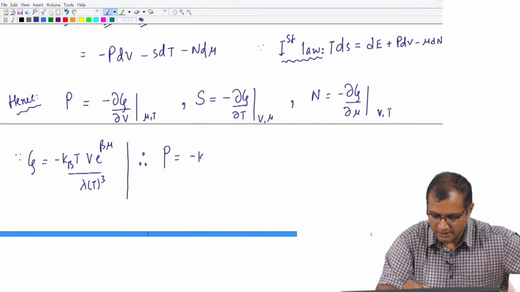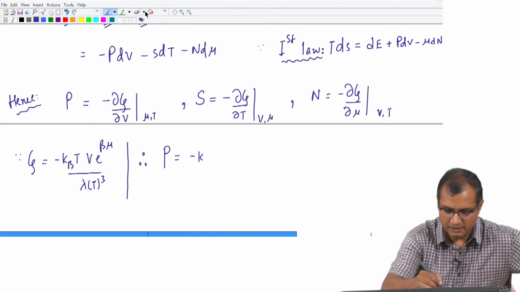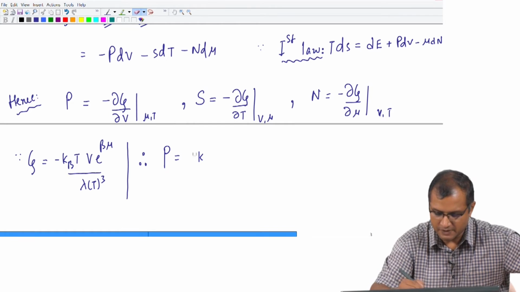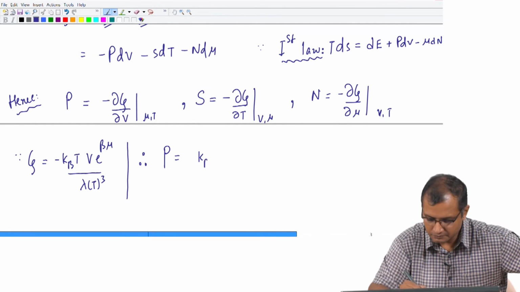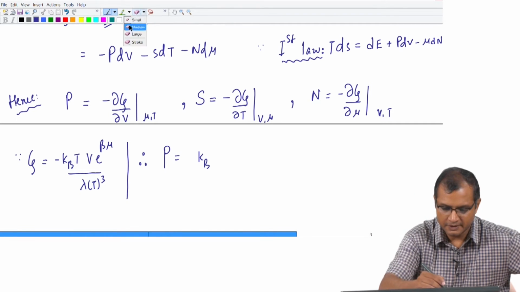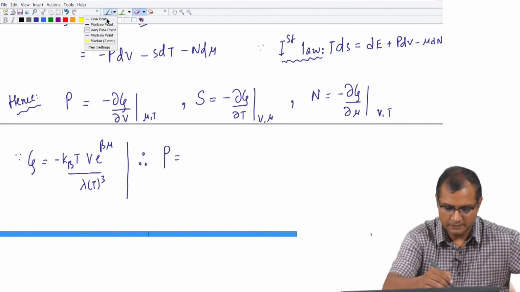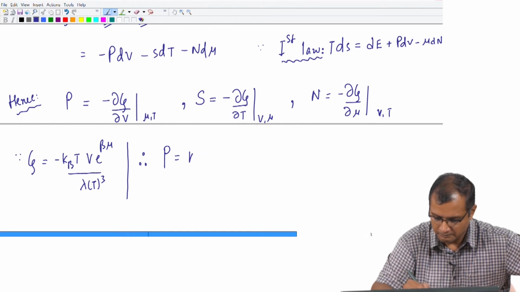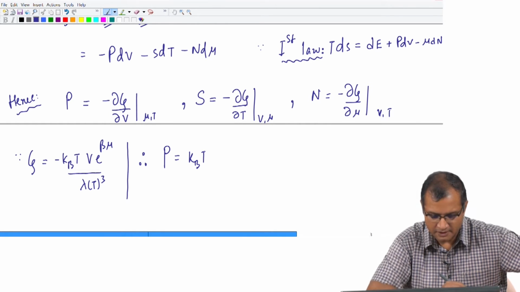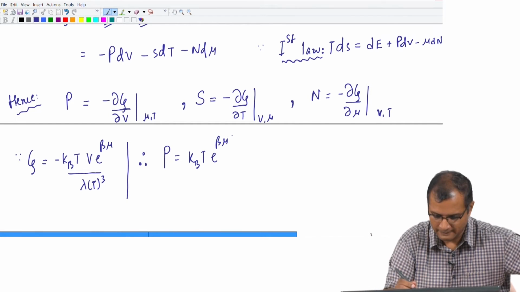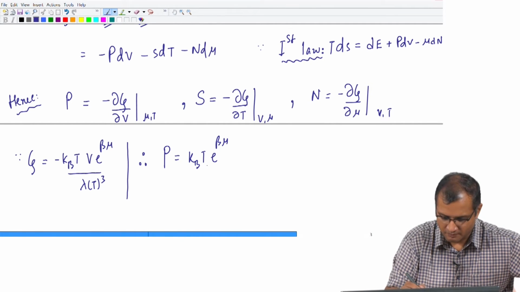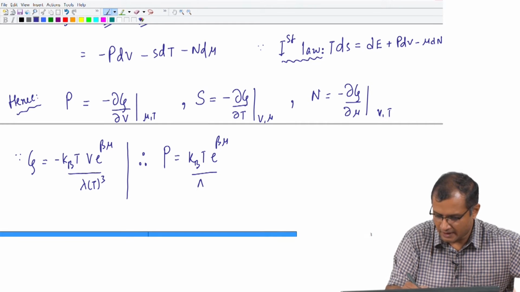So, it is simply minus, minus turns into positive, because there is already a minus sign in the grand potential. So, it is simply kT e raised to beta mu over lambda T the whole cube.